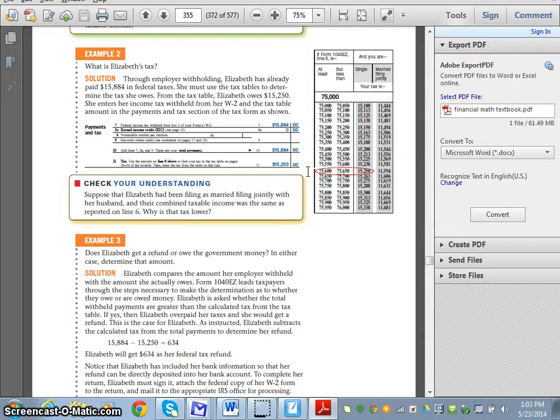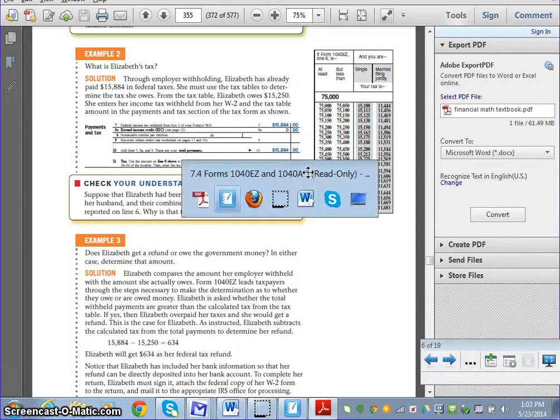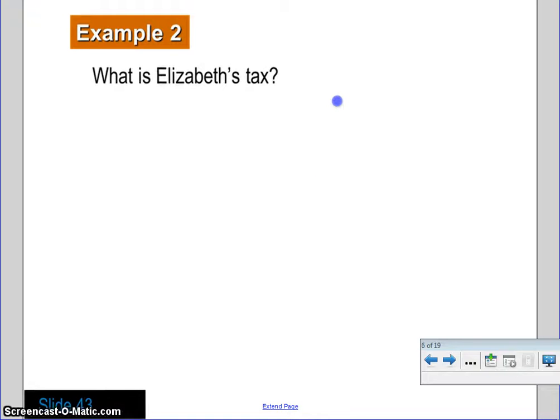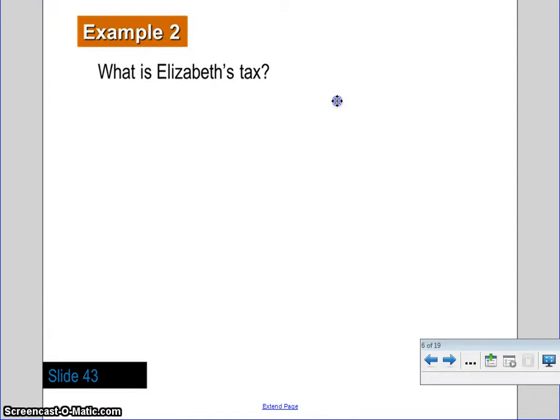It says at least $75,600 but not more than $75,650, which is right where she falls. It's also circled where it says single, and we see that Elizabeth will pay taxes of $15,250.